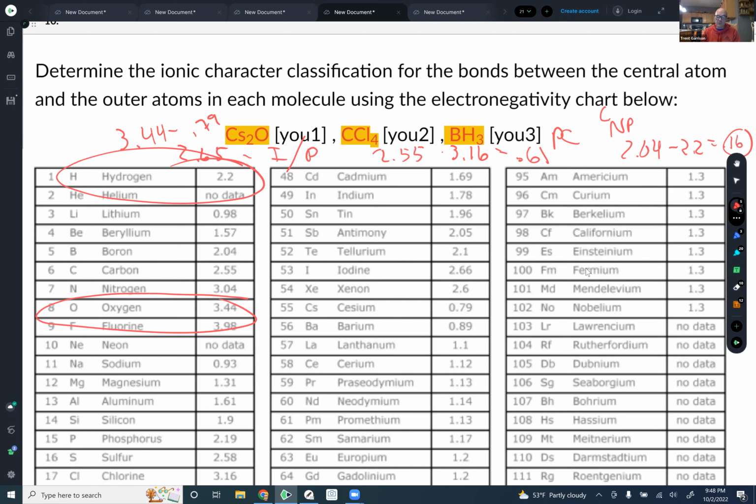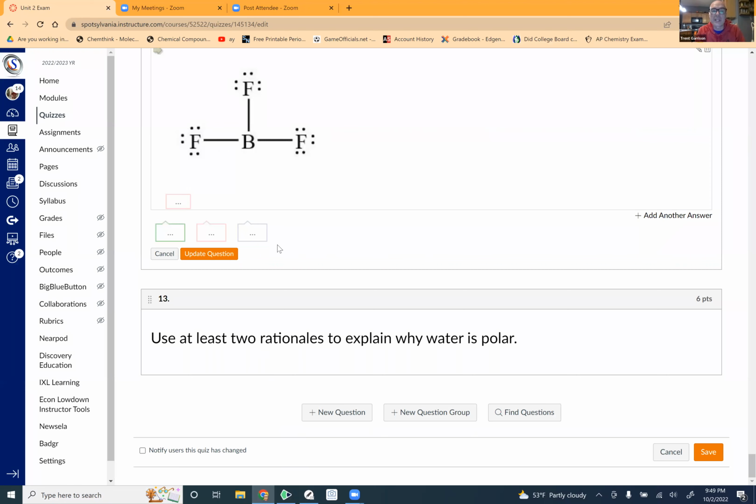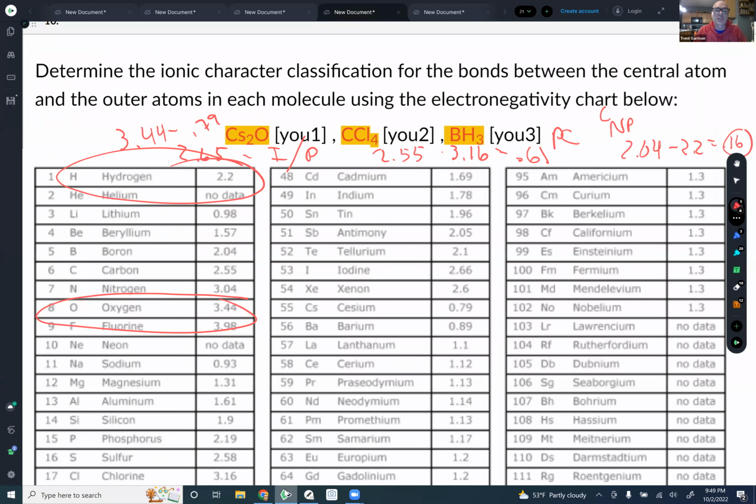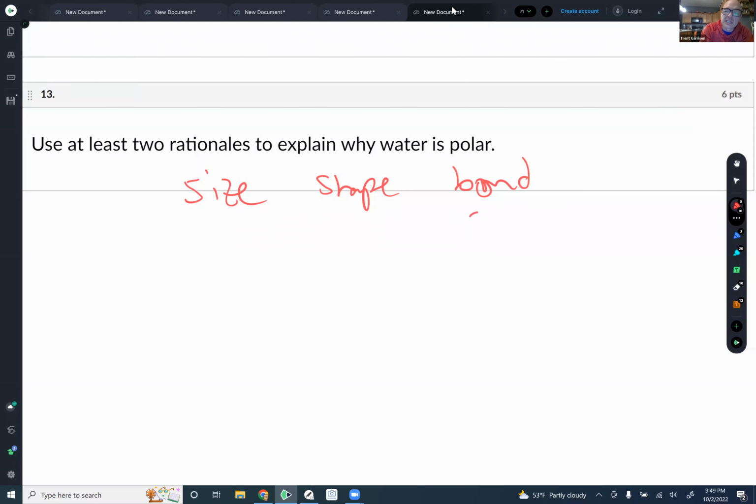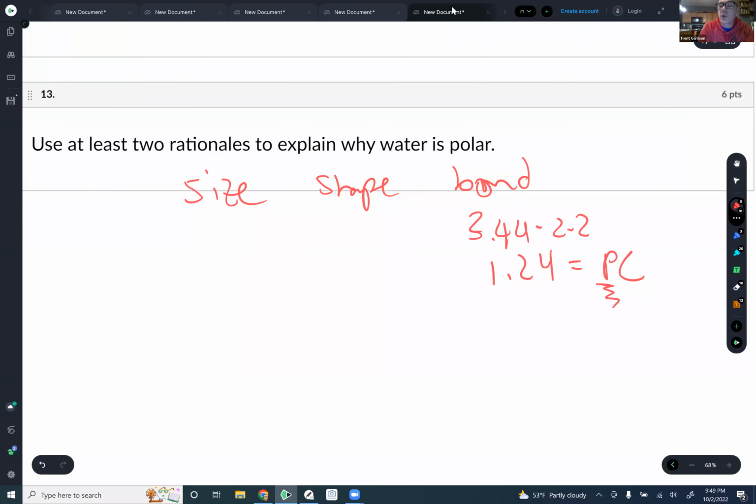So 3.44 minus 2.2 is a 1.24. That is somewhere in between. So it's actually polar covalent. But according to all of our discussions that we had in class, if it's just a little bit, 3.44 minus 2.2 would give me 1.24, which is polar covalent. That's still polar to some extent.